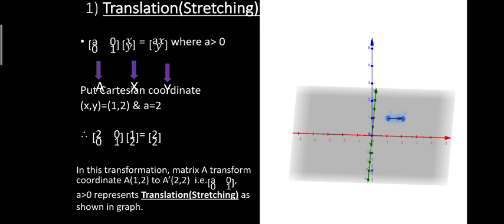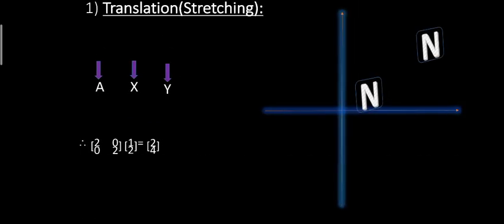Therefore in this transformation matrix A transforms coordinate A 1 2 to A dash 2 2, which shows the translation or stretching as shown in the graph. That is translation or stretching.